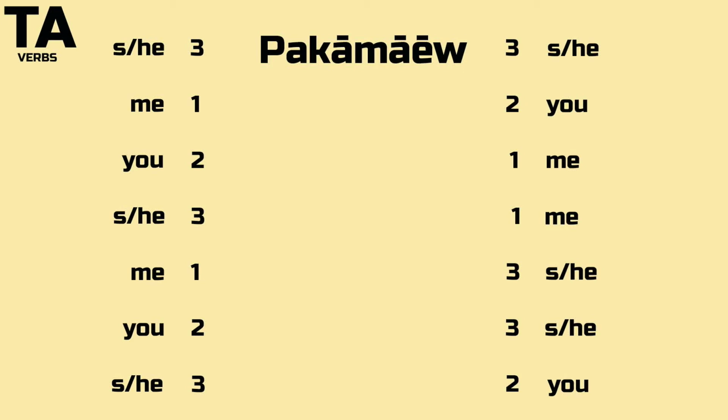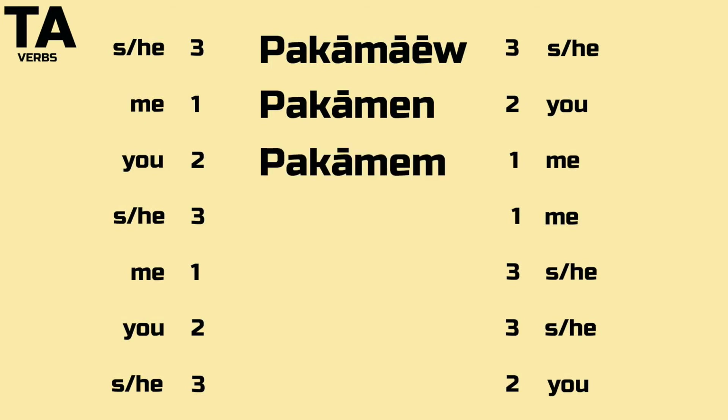So we're going to take the AEW off the word pakamau, and then it's going to sit as pakam. It doesn't really mean anything like that, but if we add the suffix en, now we're saying pakamen, and that is a command to strike someone, and it also means I strike you.